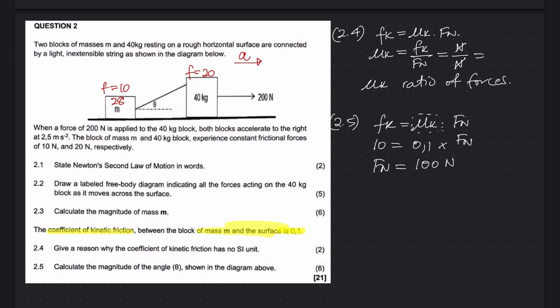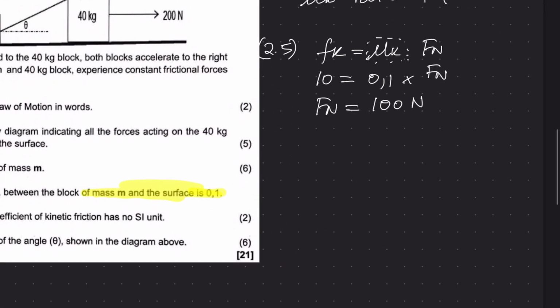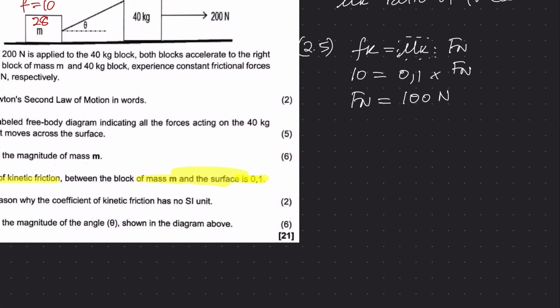So let's re-look at our free body diagram and then figure out what the forces are that would give us the normal force. Normally gravity would equal the normal, but let's just make sure. So again, we look at our free body for mass M. We have here the normal force.